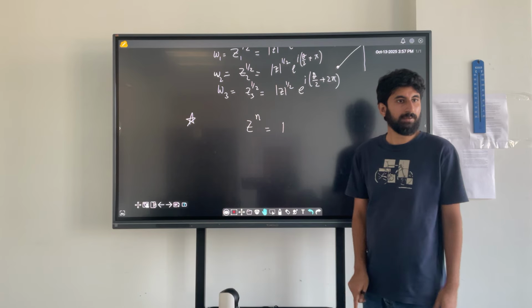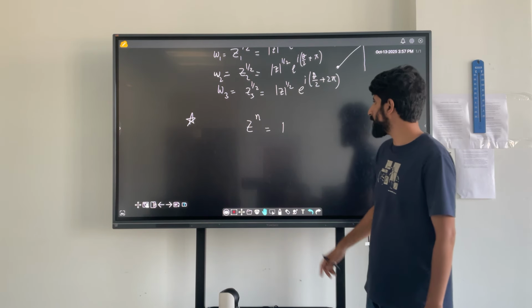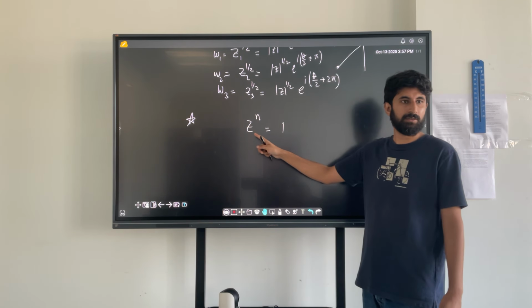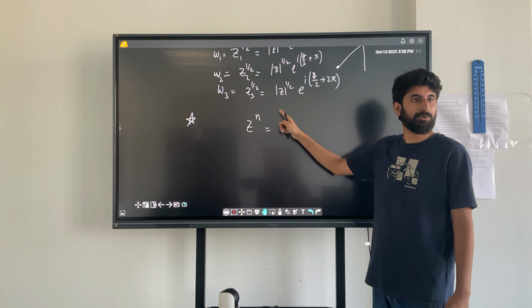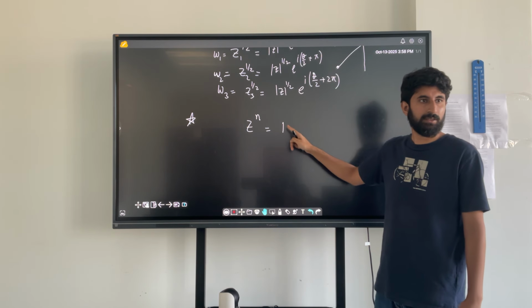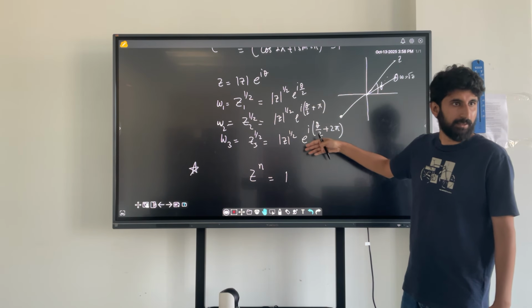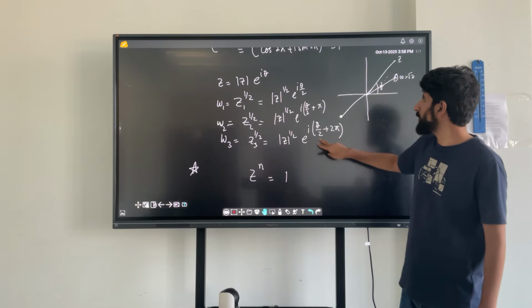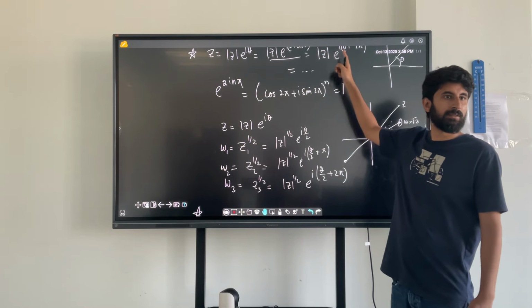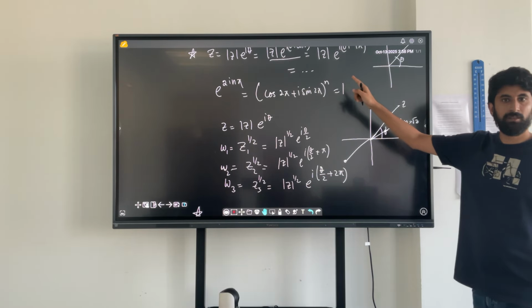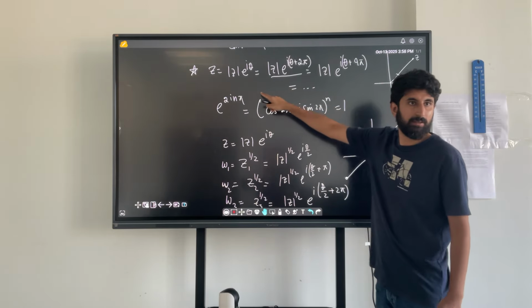So what operation do I need to do? I just need to take an nth root of unity. And to get different numbers I should use different representations.